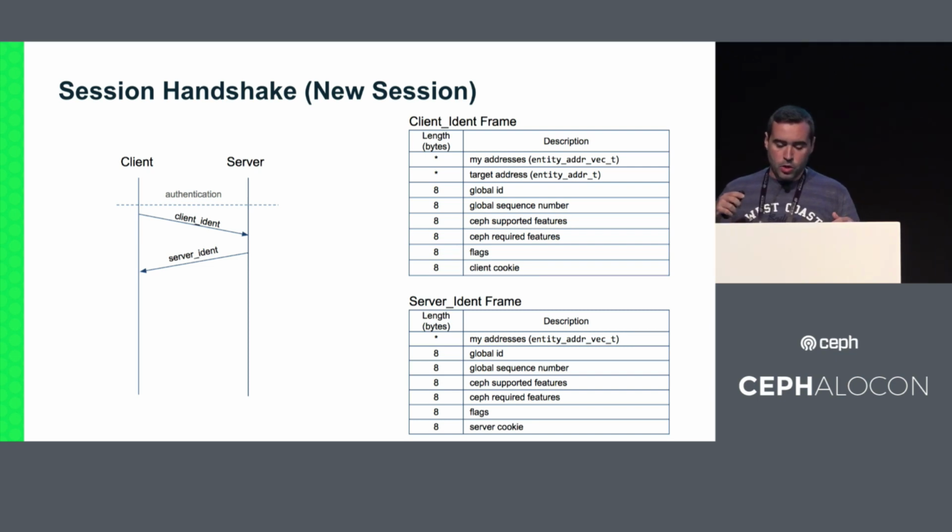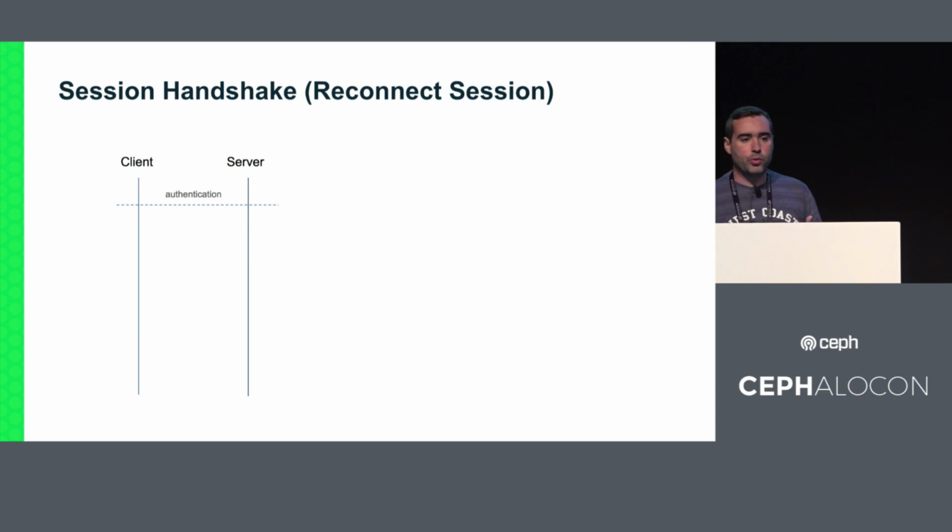So when there is some connection failure while the peers are already sending messages to each other, the peers are able to reconnect to a previous session.